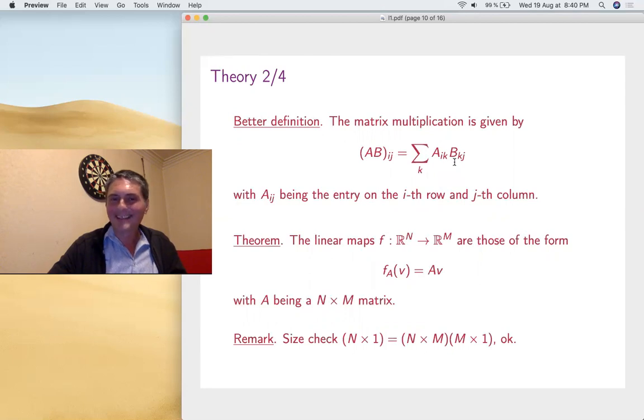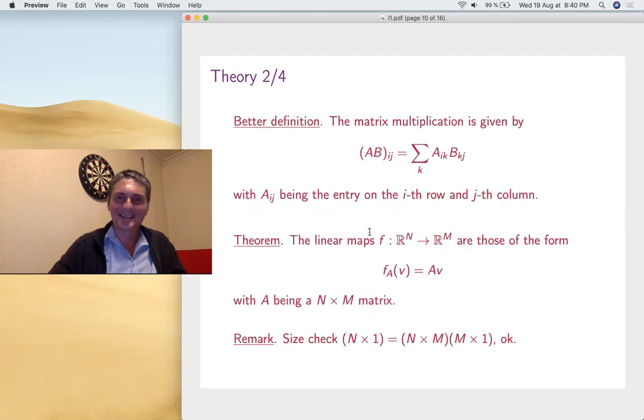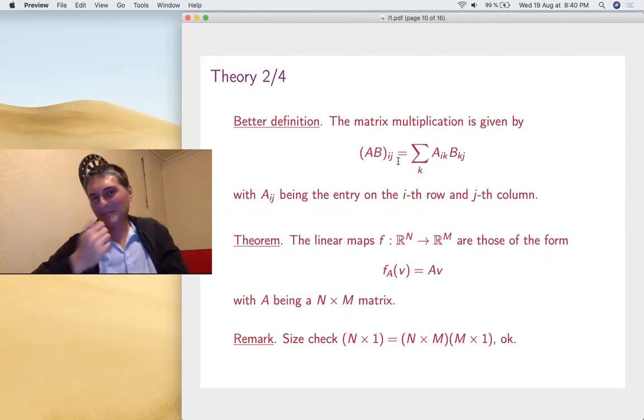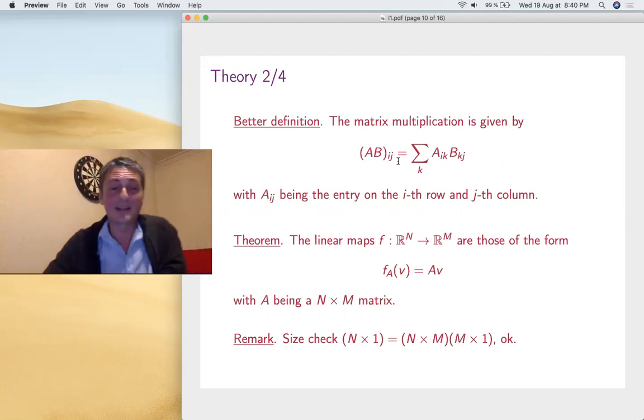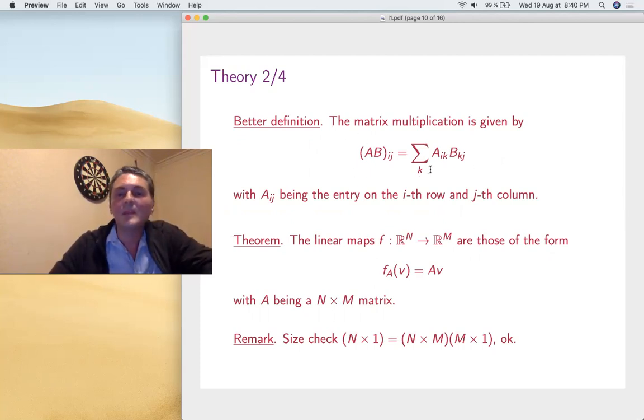So with this notation, we don't need this whole slide anymore. It's right here. That's the final formula of matrix multiplication. It's a bit abstract, but it is much, much simpler than what we were doing before with these big matrices. So that's the formula I need to know.